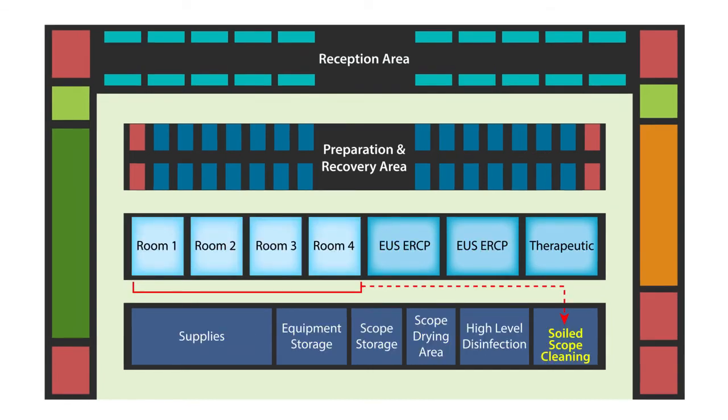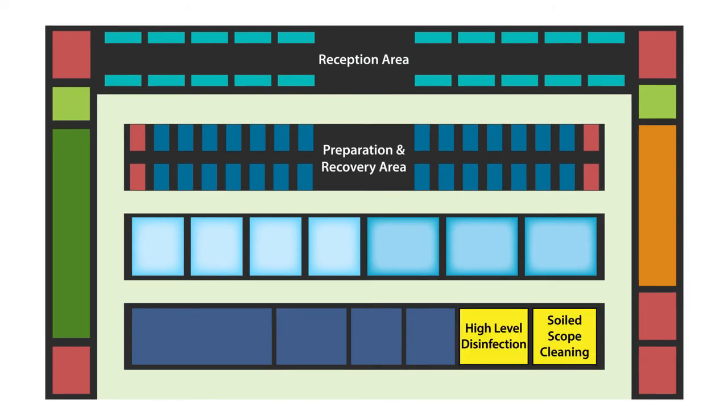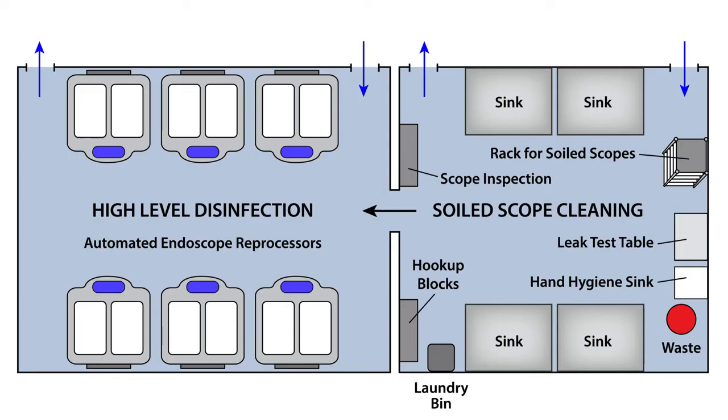From there, you bring the scope to the soiled scope cleaning area and high level disinfection area. So let us look at how a room is set up, the soiled scope cleaning room and high level disinfection room.